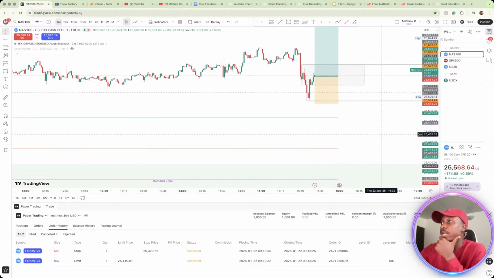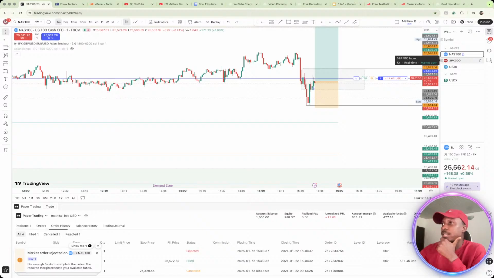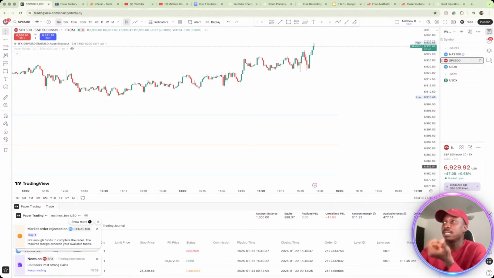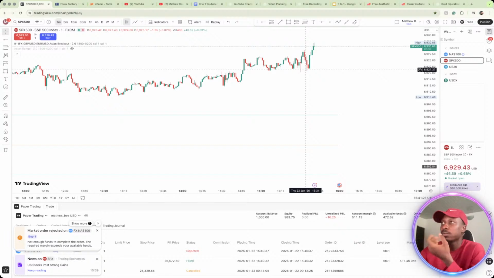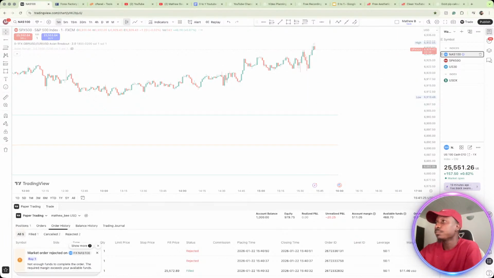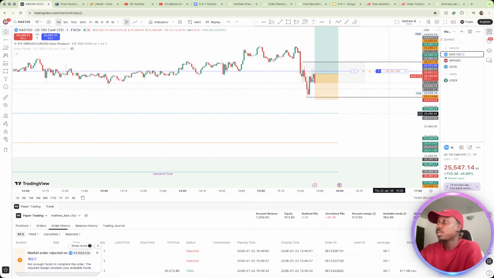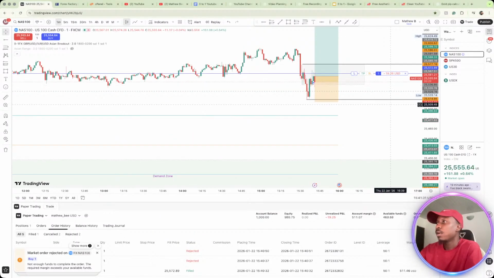The reason why I'm buying already is because S&P 500 is leading, so they've already shown that we are going up. Most of the time, both NASDAQ and the S&P 500 do the same thing. So even though NASDAQ may potentially go take your liquidity and then boom, I'm buying this.